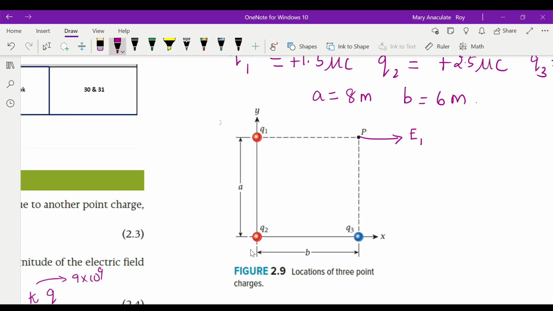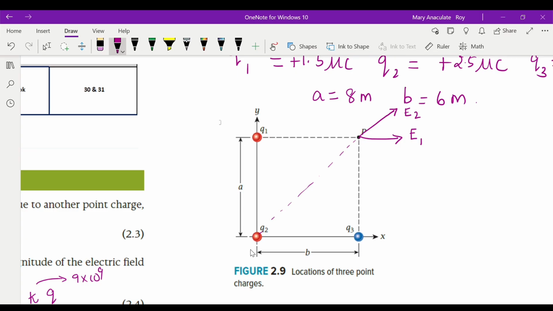How about Q2? Q2 is at an angle to P, and the electric field vector will again be outwards. Why? Because it is a positive charge. So the two red ones are positive, so you have the direction outwards.